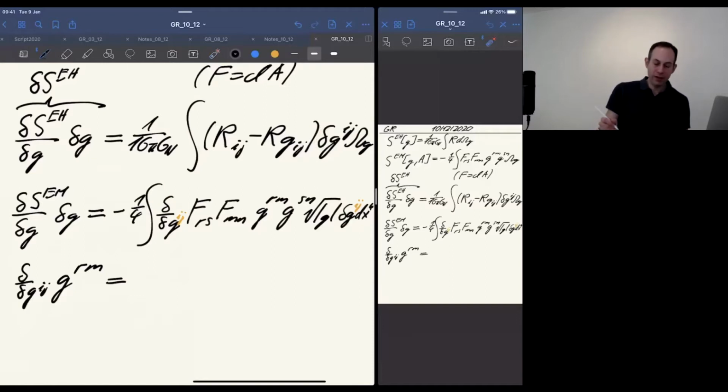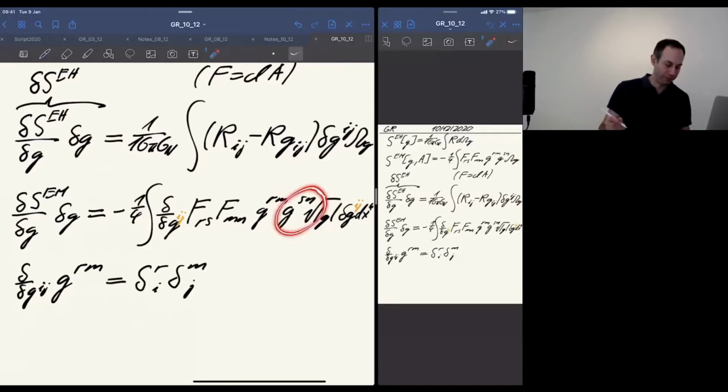Now, if I take the derivative of the metric with respect to itself, I just get a delta function. Actually 2, because I have 2 indices which need to match. So I get this result here. And the same is, of course, also true for the second term in this product. I will just get a corresponding delta function.